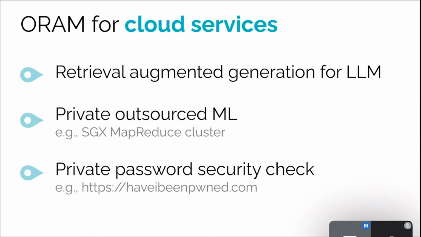This is risky, because what if the website itself gets compromised? With ORAM, you can enable such applications without having to reveal the user's password. I think Google also has some services like this. When you sign up for a new account, Google will make password suggestions to you, like whether your password is safe or not.